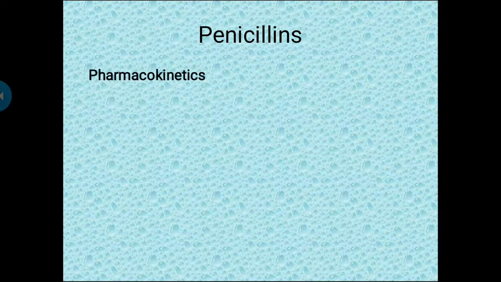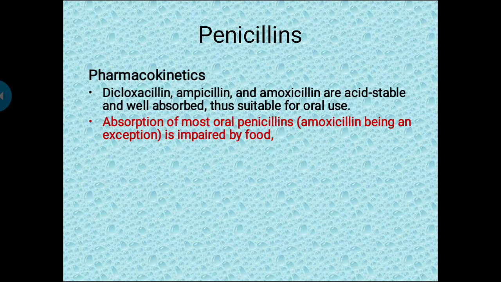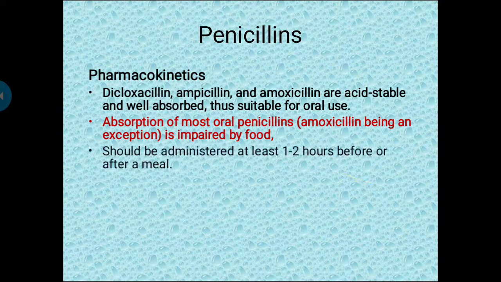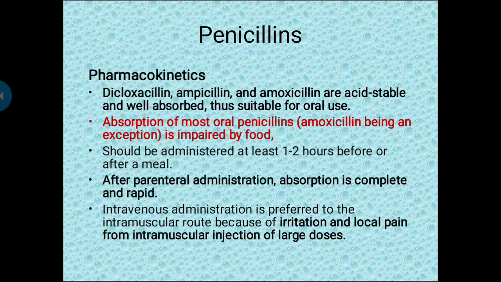So penicillins, what are their pharmacokinetics? Ampicillin and amoxicillin are acid stable and well absorbed drugs that are suitable for oral dosing. Absorption of most penicillins is impaired by food and they should be administered at least 1 to 2 hours before or after a meal.